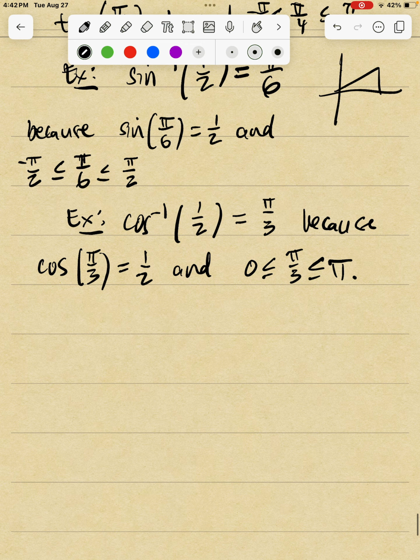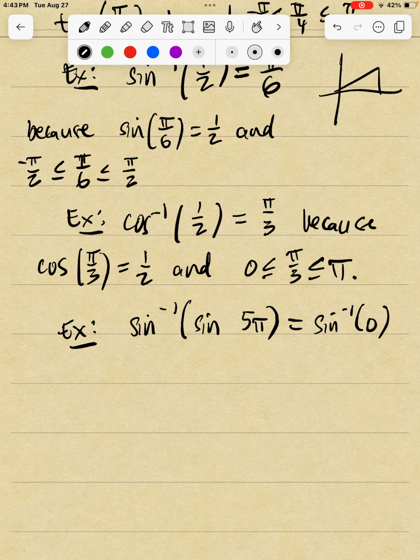Okay, so what about sine inverse of sine of 5 pi? Well, actually, what is sine of 5 pi? Sine of 5 pi is 0.